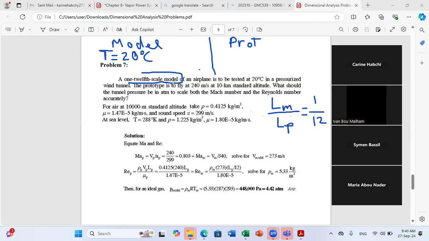And for the prototype, we know that the velocity of the prototype is equal to 240 meters per second at a 10 kilometer standard altitude.